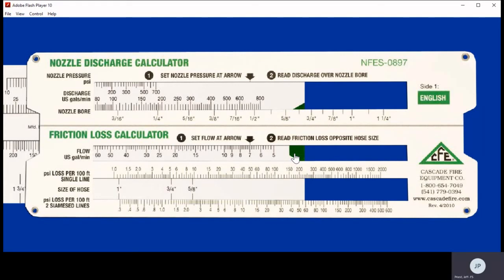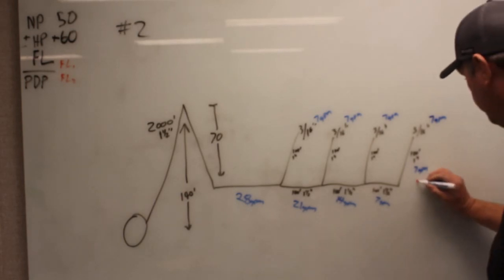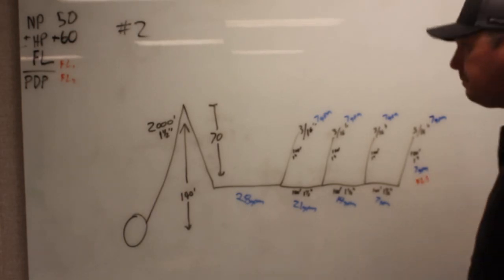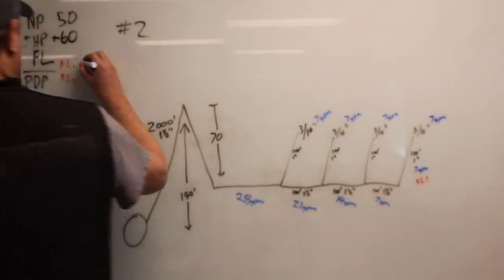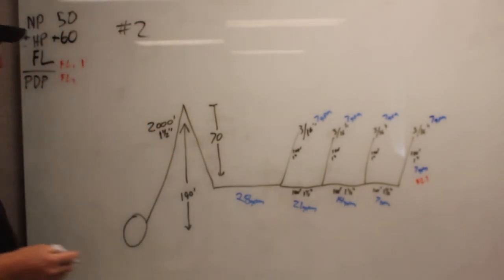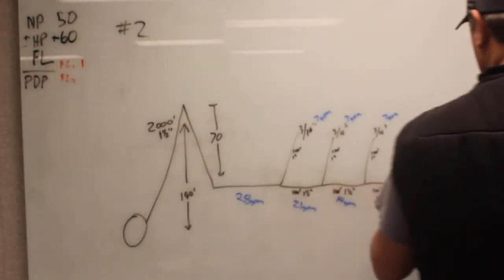There is 7 gallons per minute in 1-inch hose. I am between 1 and 1.5, and I am closer to 1, so don't do 1.5 anyway. It's less than 1.5, so we round to the whole number, it will be 1. Friction loss of 1. So my friction loss is 1.